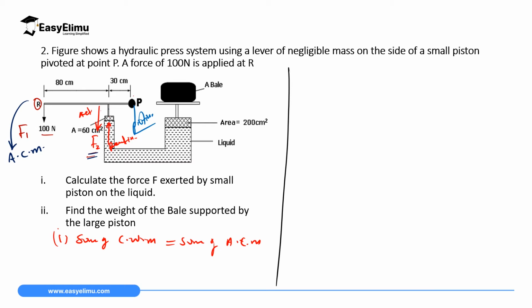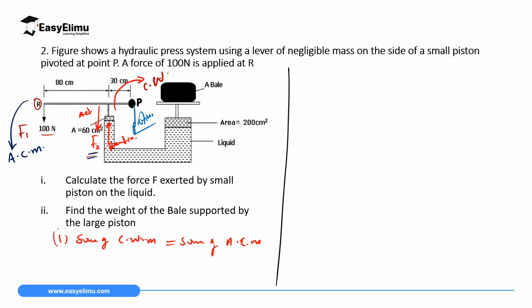And this upward force is the one now which will make this bar to move like this, which will be clockwise direction. This is a clockwise direction. So this clockwise moment.